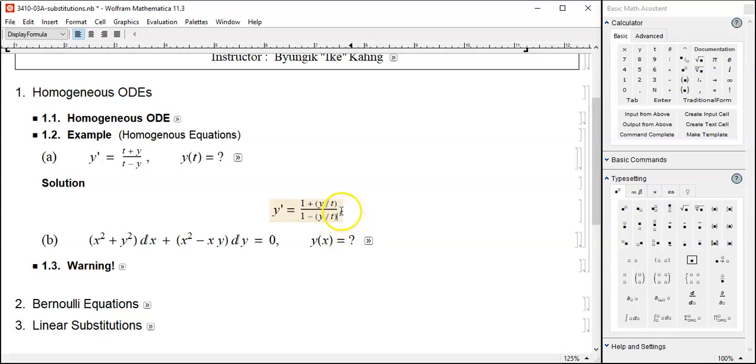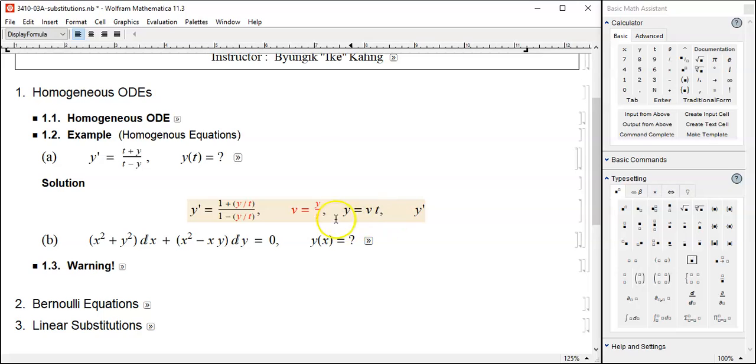That's what we get. And then, how do we substitute? v is y over t, this one. I just highlighted it in red. So we will go here and then there. Now how about y prime? Let's find it. y is equal to v times t.